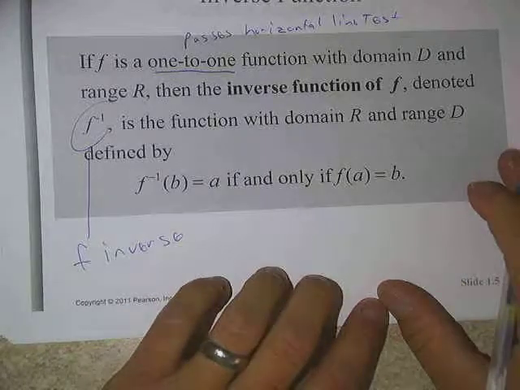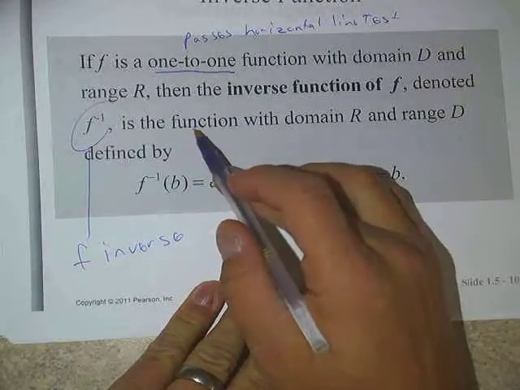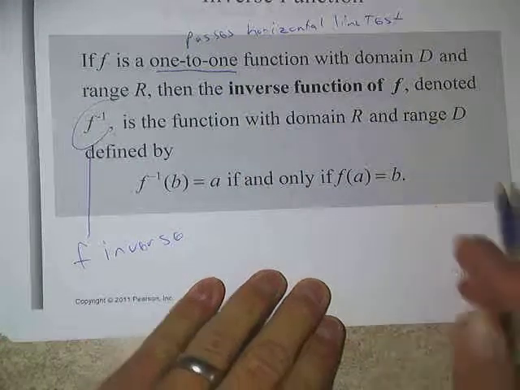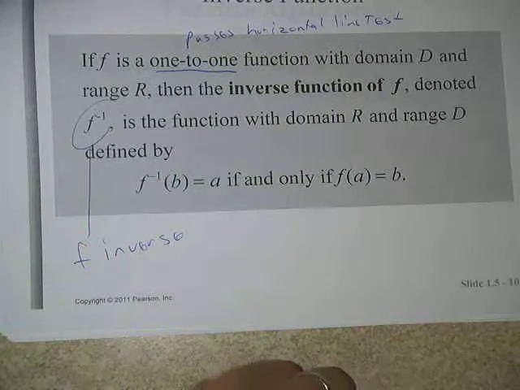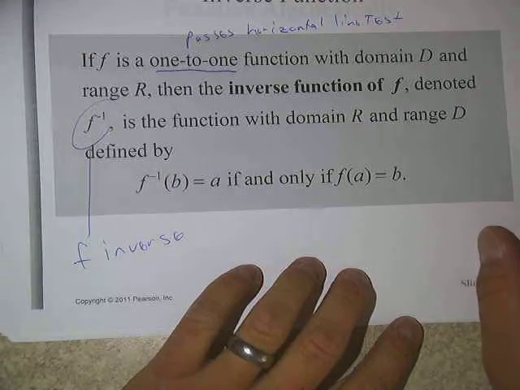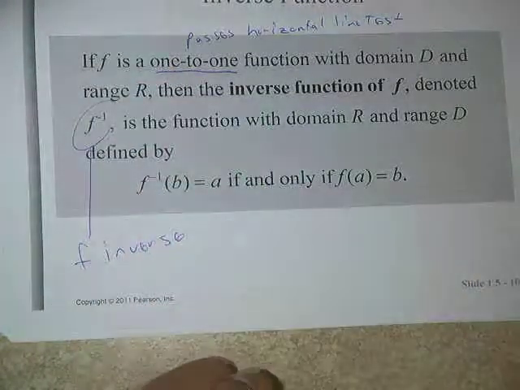We read this as f inverse. So when we see that notation, we read it as f inverse. And here's the key: this is a function whose domain is R and whose range is D.